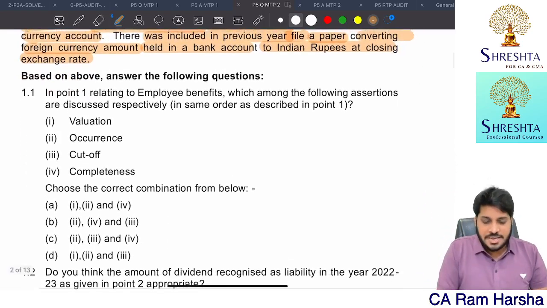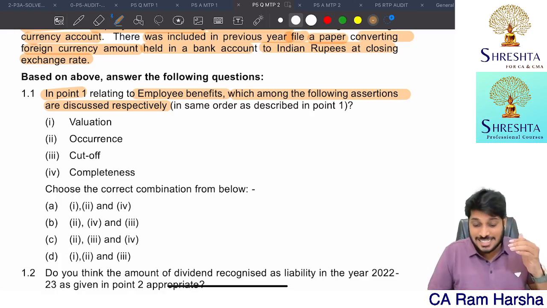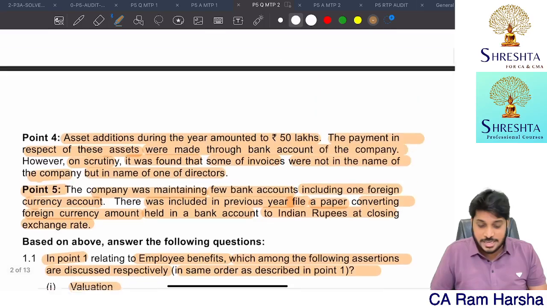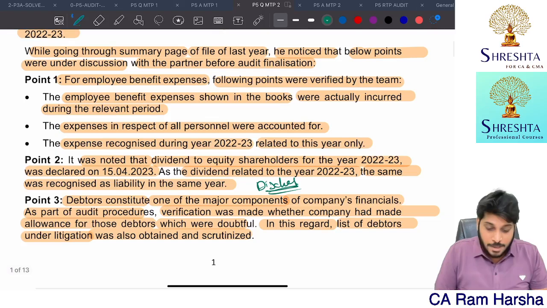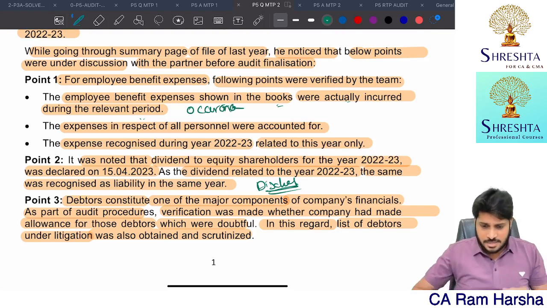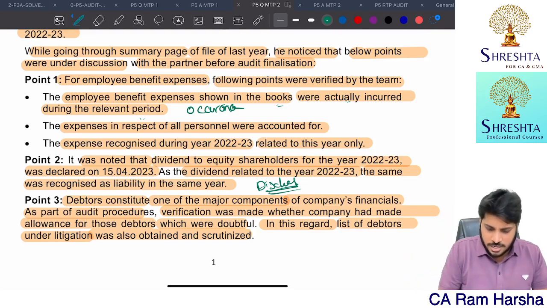Okay. Based on the above, in point number 1, relating to employee benefit expenses, which of the following assertions are discussed respectively in the same order? The 4 assertions were valuation, occurrence, cutoff and completeness. Which assertions did they discuss? The order is very important. The employee benefit expenses shown in the books were actually incurred in the relevant period: that is occurrence.